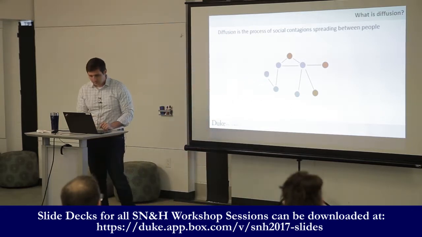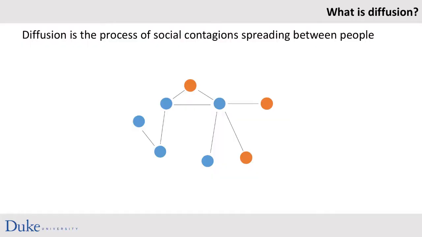to person B. So for example, let's say we're talking about a disease, HIV. These blue people are susceptible, and these orange people are infected with HIV. And let's say that the network ties indicate shared needles. So these two people share needles, these two people share needles, and these two people share needles.